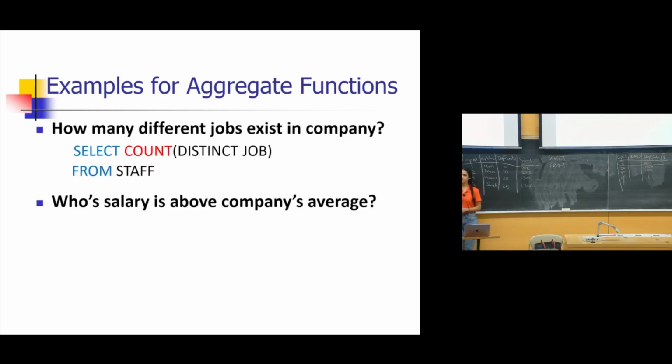The staff table, right? The staff table contains salary information. So we want to select from the staff table. What do we want to select? Employees, right? We want to find employees whose salary is greater than something, right?